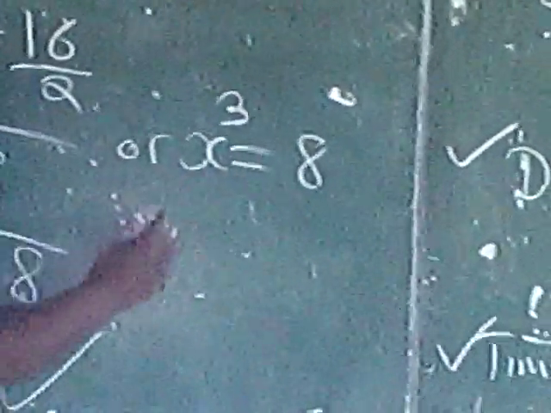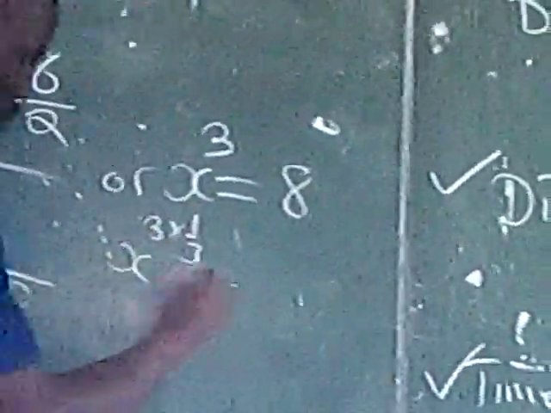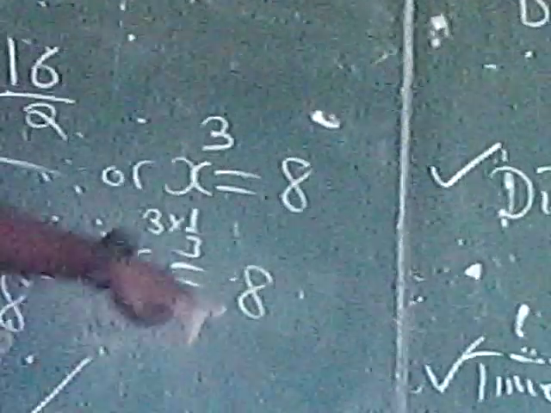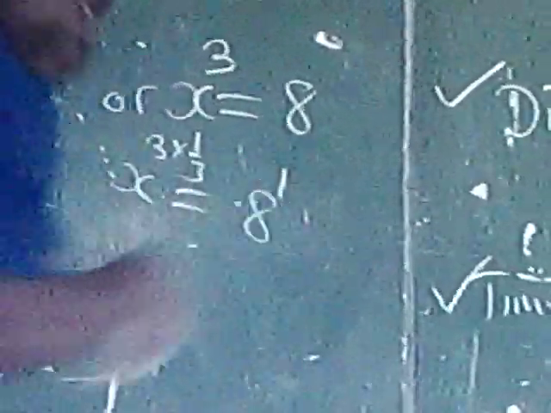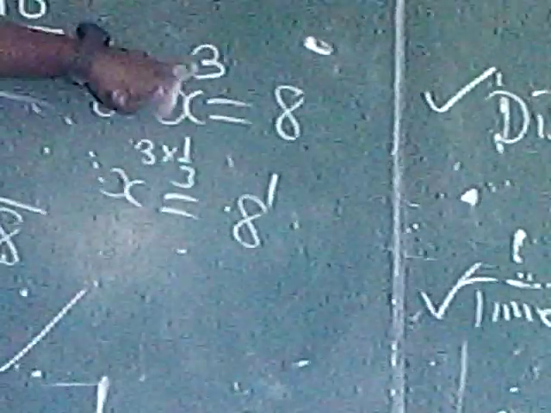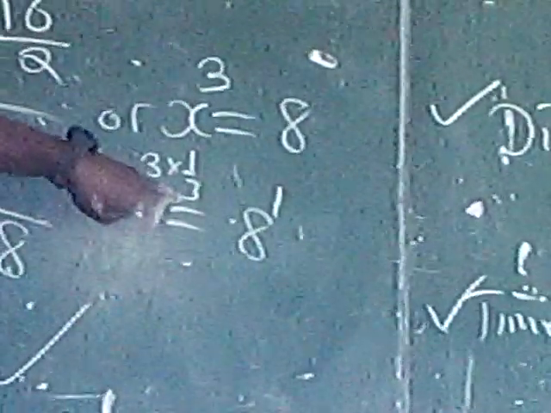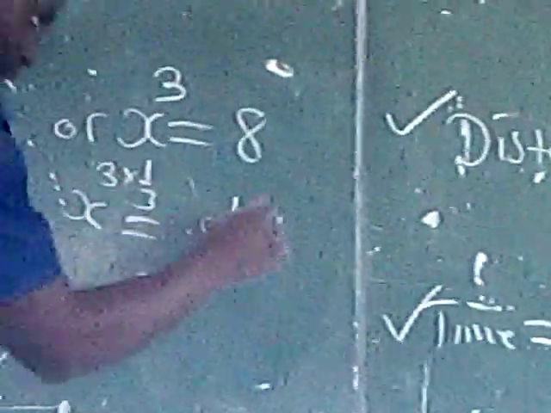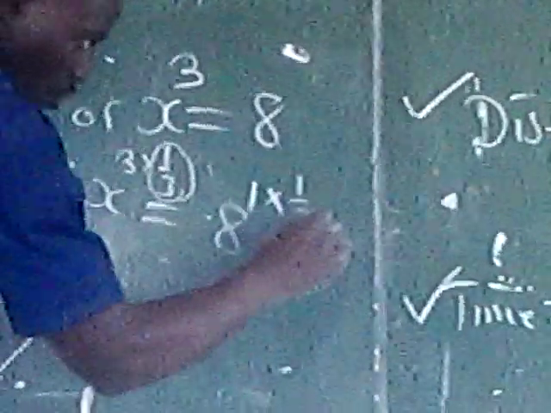So you could also say x to the power 3 times 1 over 3. You do also on the other side. This is 8 to the power 1 there. So you multiply this 3 times its reciprocal, 1 over 3. You also do the same on the other side, multiplying the same reciprocal.